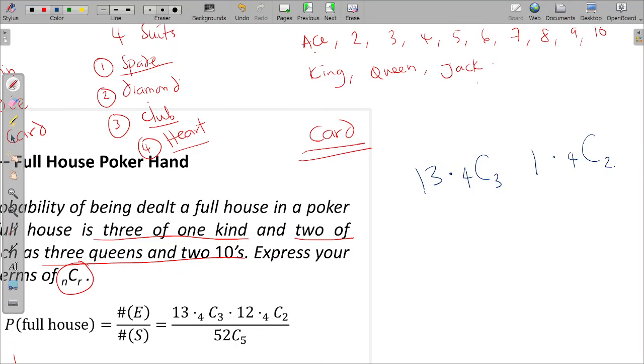And then for the second one, multiplied by 12. After we chose the first, we have 12 ways of choosing the other one. At first we have 13 ways, but after the first 3 of a kind we chose, we have 12 ways to choose the other 2 of a kind. So that's why we have 13 multiplied by this, multiplied again by 12 multiplied by this.